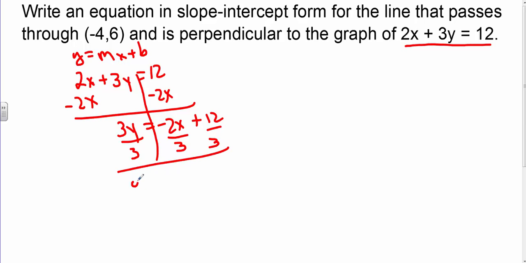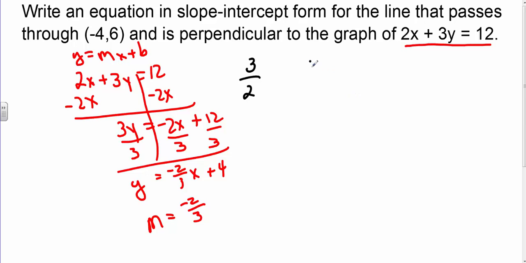And that leaves us with y equals -2/3 x plus 4. So our slope for this one is m equals -2/3. That means that the slope for the line that is perpendicular to it will be 3/2, the negative reciprocal. And it passes through -4, 6.